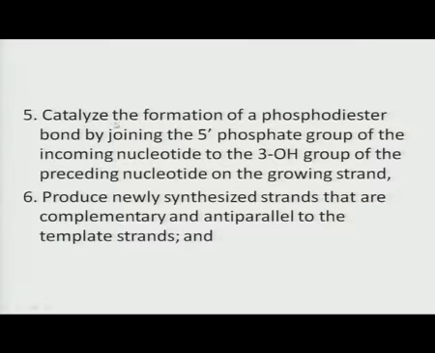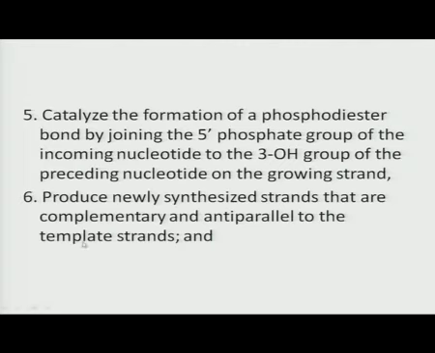DNA polymerase catalyzes the formation of a phosphodiester bond by joining the 5 end phosphate group of the incoming nucleotide to the 3 OH group of the preceding nucleotide on the growing strand. It means that the old nucleotide has a free 3 OH group where the new nucleotide will be added with its 5 phosphate group by forming the phosphodiester bond.